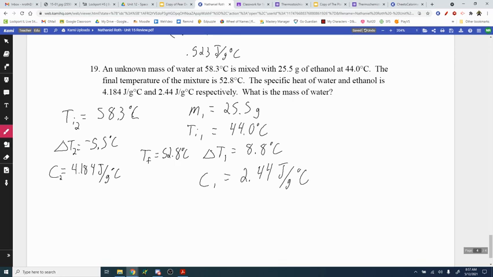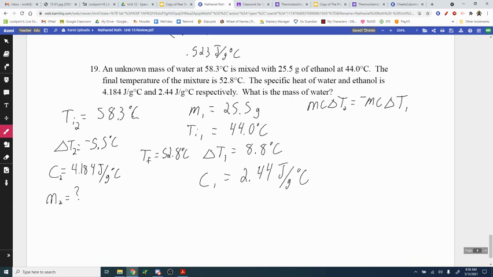Okay, so now we have to find the mass of water. Our equation is mc delta T equals negative mc delta T. This is 2, this is 1. So we are looking for the mass of water. So mass 2 equals question mark.